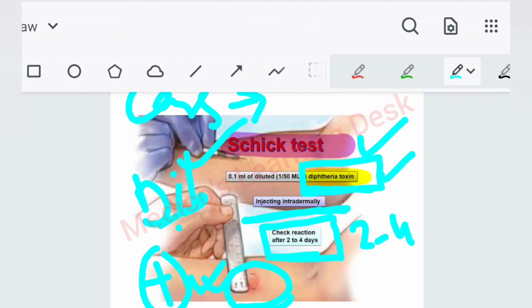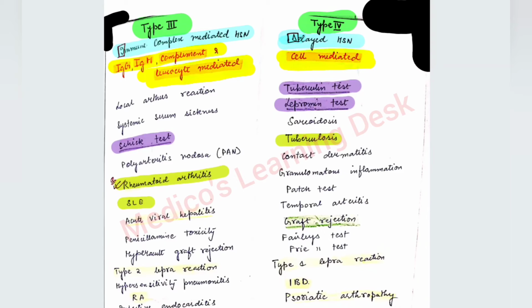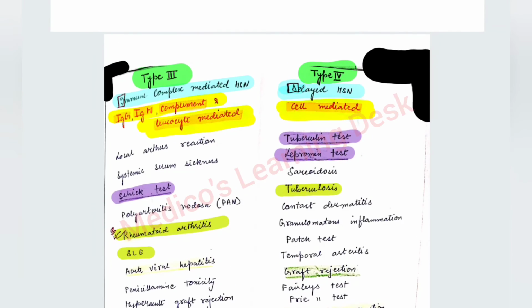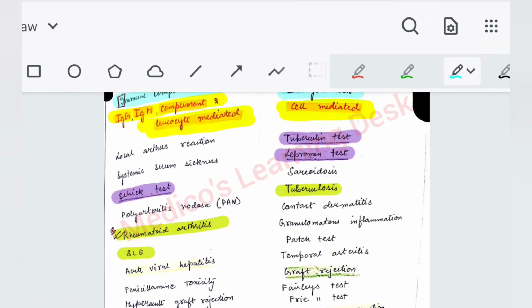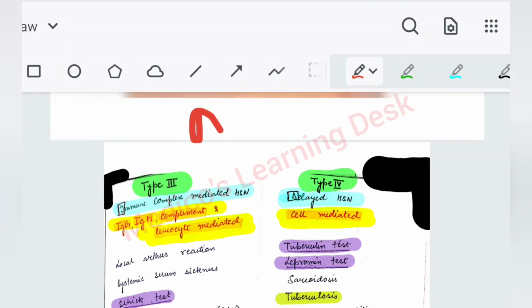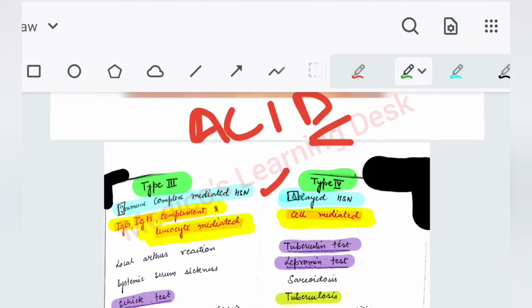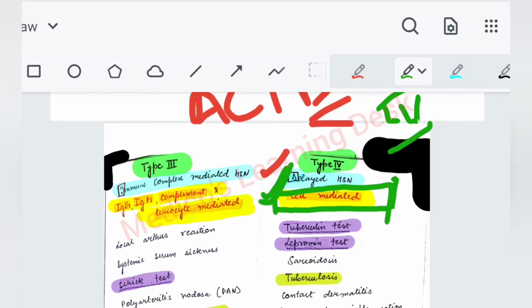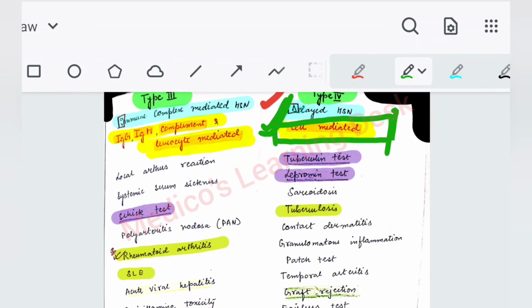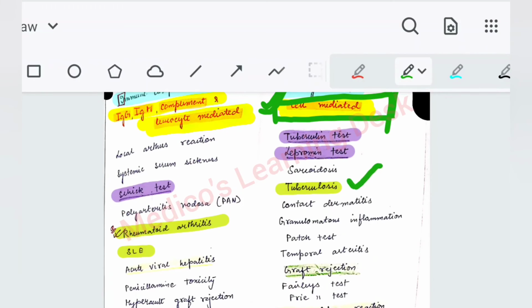Okay, so now coming to type 4, that is delayed hypersensitivity reaction. Type 4 is for delayed, the last one is D, that is delayed hypersensitivity reaction. What was it mediated by? It was T cell mediated. So what all falls over here?